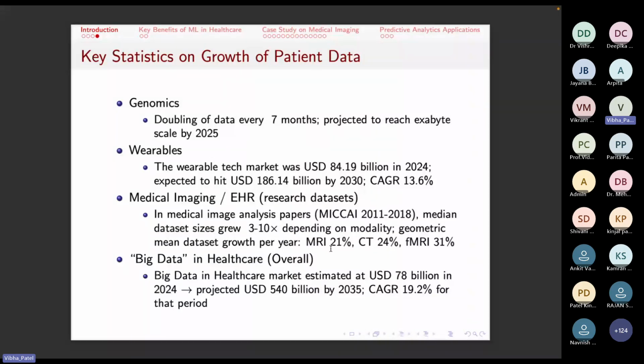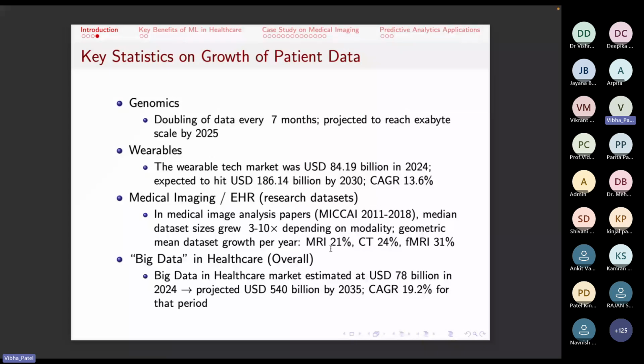Wearable devices, I hope you might be aware of using various kinds of wearable devices, like a smartwatch. You can make use of it for generating ECG and various other health related parameters, on the basis of which several decisions can be taken. Apart from that, you may have wearable devices for blood pressure measurement or diabetes measurement.